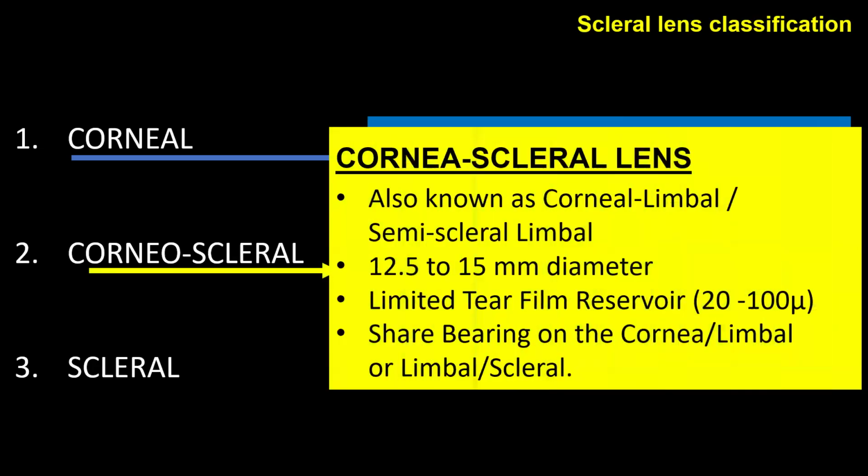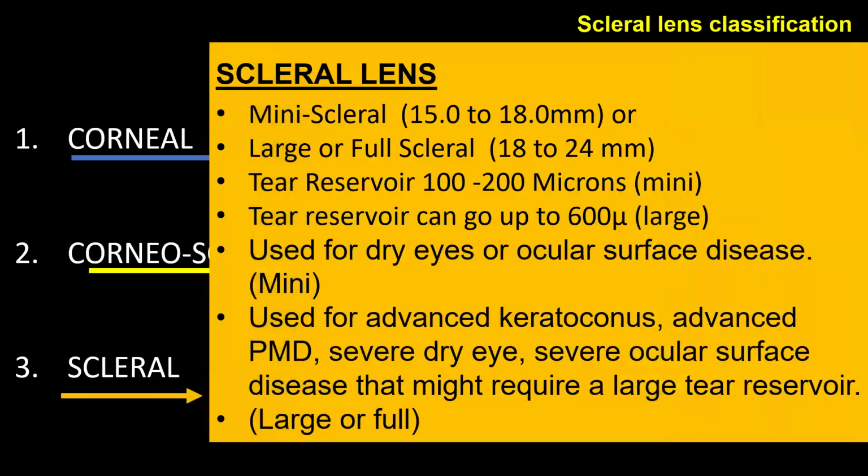When you have it on the limbus, this is the diameter, and of course the tear reservoir will also increase. And when you have it away from the limbus on the sclera, you have this diameter. Again, this is the focus, and this is where most manufacturers get their scleral contact lenses. So this is exactly what you have.